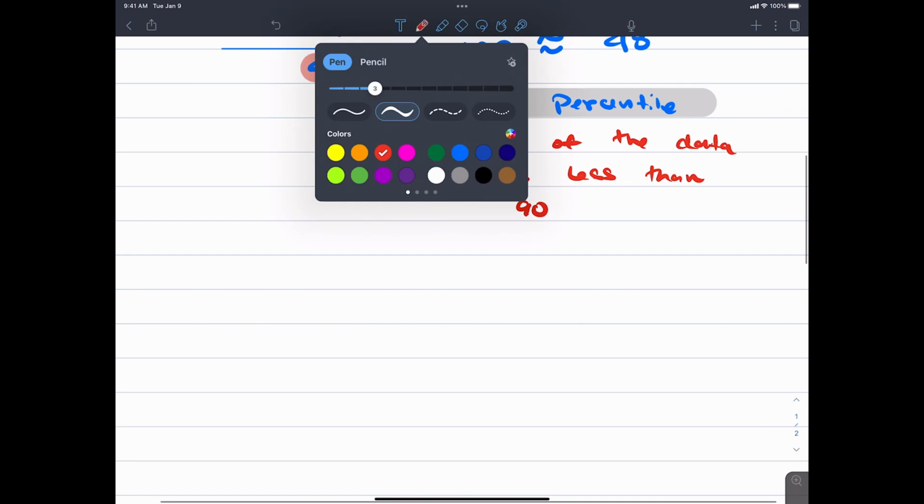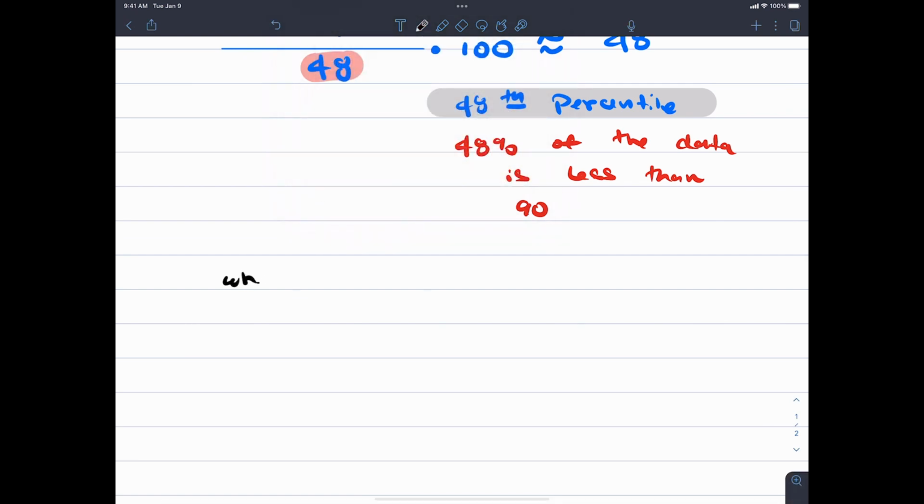All right, let's ask you this question here. What is the percentile of the data score 105?